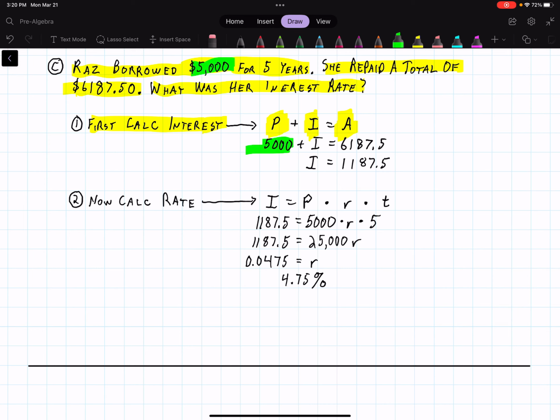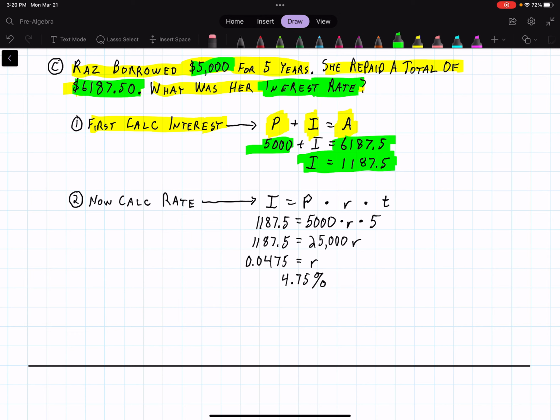We know the total amount, $6,187.50, and by just doing simple math there, we subtract 5,000 from both sides. We now know that Raz paid $1,187.50 for her interest, but we're not asked to come up with her interest. We're asked to come up with her interest rate.